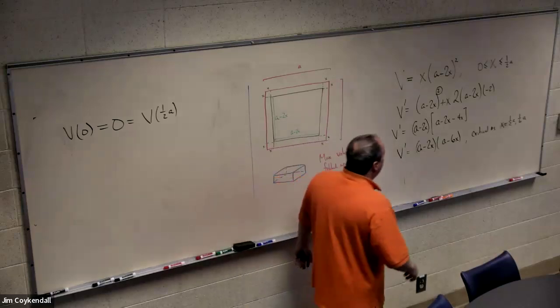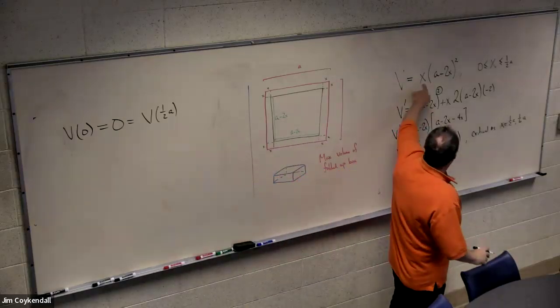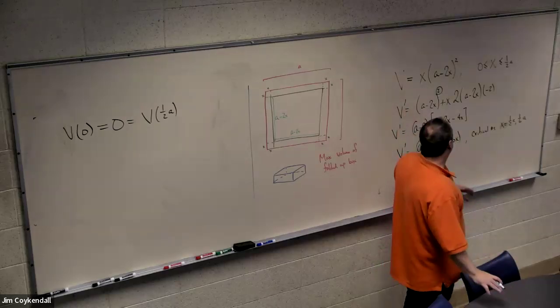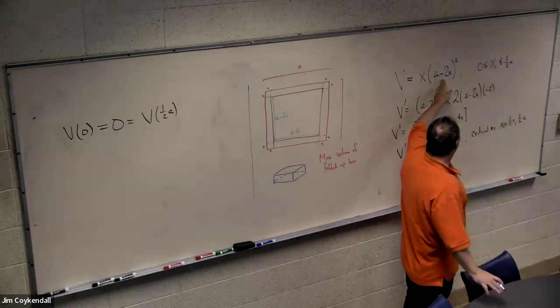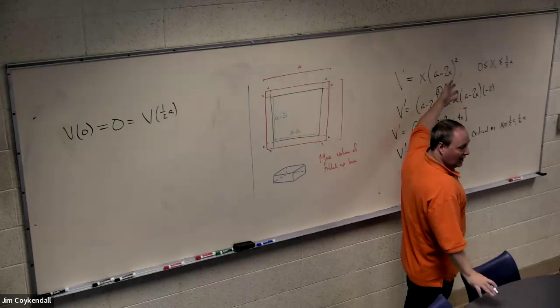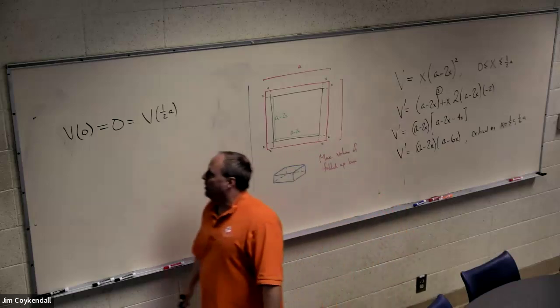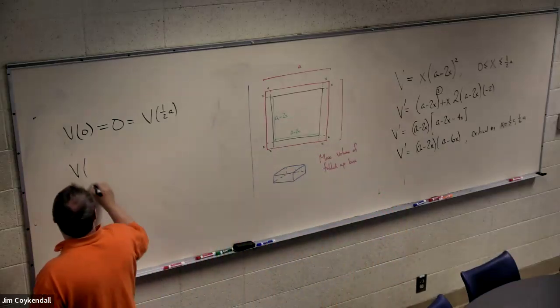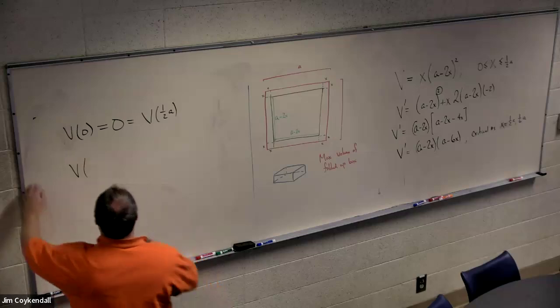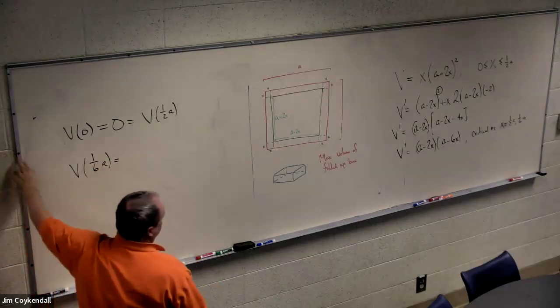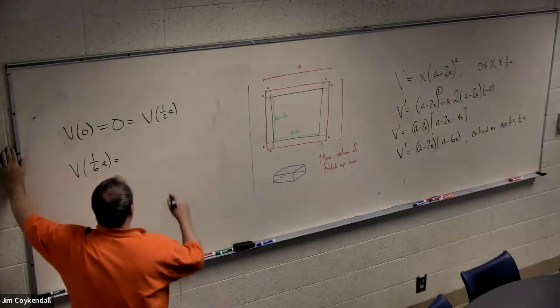And we predicted this would happen. x equals 0 gives me 0. That's just leaving the cardboard on the table without cutting anything. And x equals 1/2 A means you throw everything away and you have nothing left. So you get 0. So this interior critical point, 1/6 A, gives me something other than 0, and it's positive, and that gives me the max.